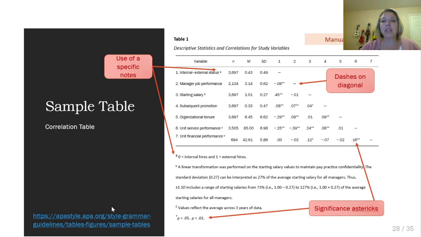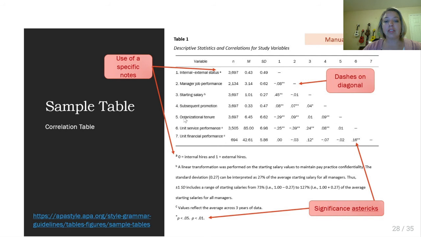It's a really cool kind of table because we have 7 variables and they're listed out. For each variable, we have the number of observations, the mean, and the standard deviation. So this is a descriptive table of all these variables, as well as having the correlations.